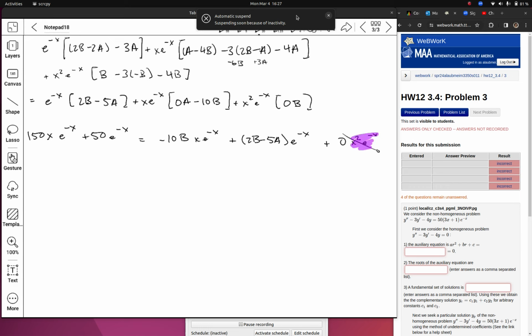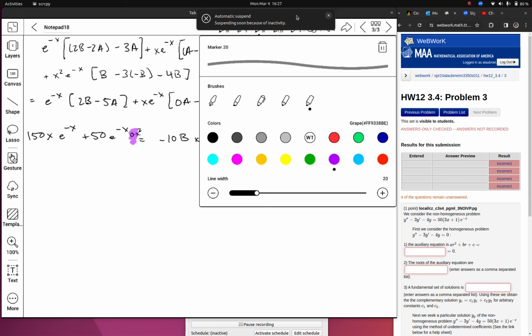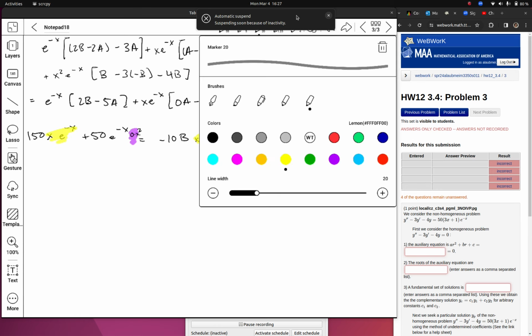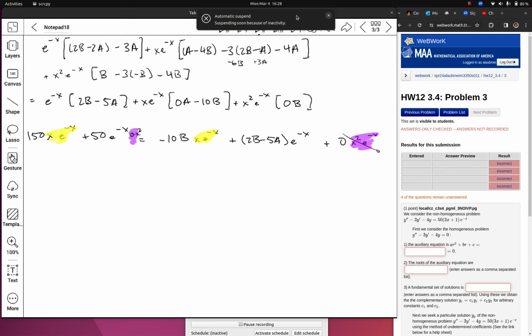So just as a reminder, there were no x squared terms on the left side. And I think I did yellow for my x terms. So that matches my 150 over there. And then maybe it was green before for the regular e to minus x terms, which matches my 2b minus 5a to my 50.